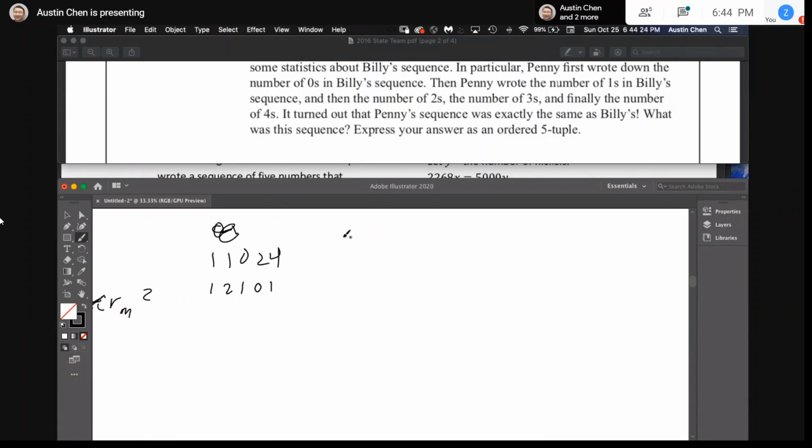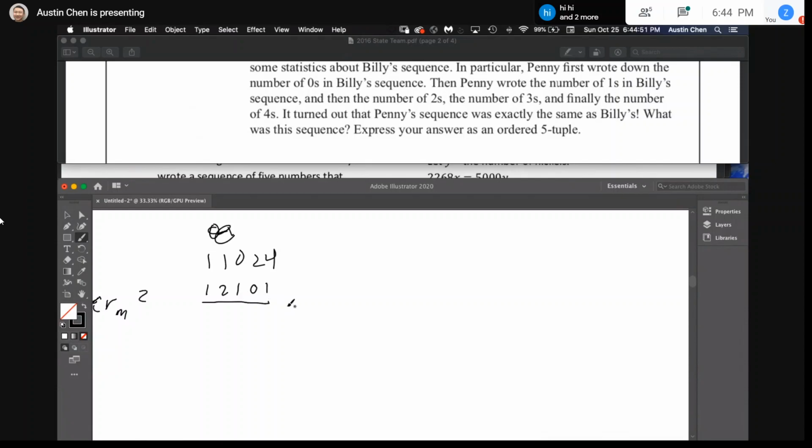All right, so you can find some information about this first. You can first note that the numbers in your statistical sequence have to sum to 5, right?